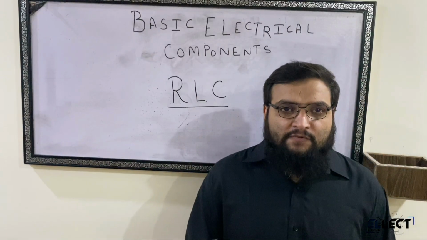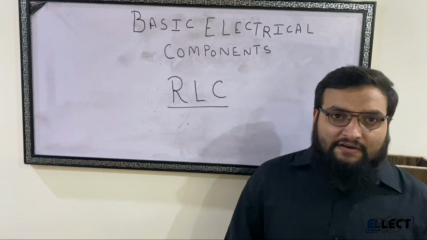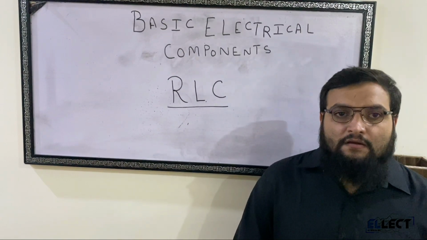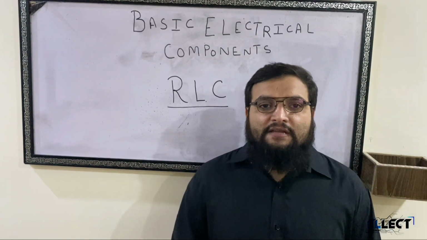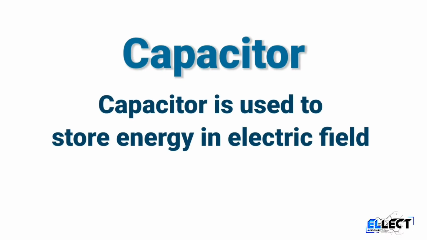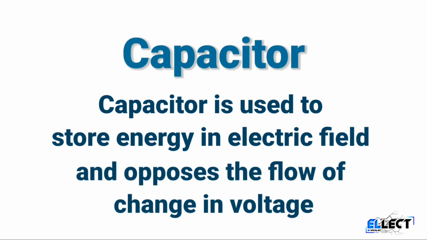As the resistor opposes the flow of electric current, the inductor opposes the flow of change in current. Now a capacitor is a device which is used to store energy in an electric field, while it is also used to oppose the flow of change in voltage.